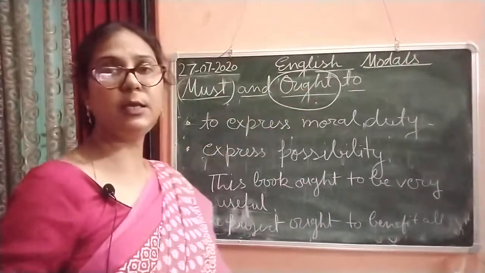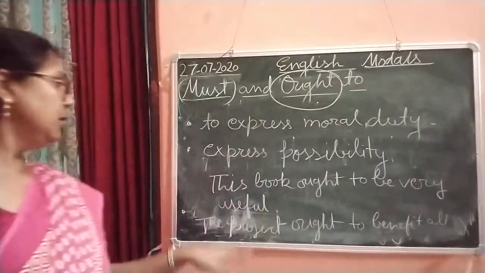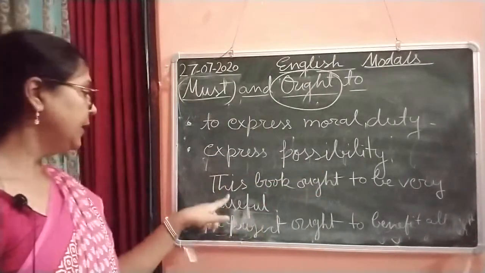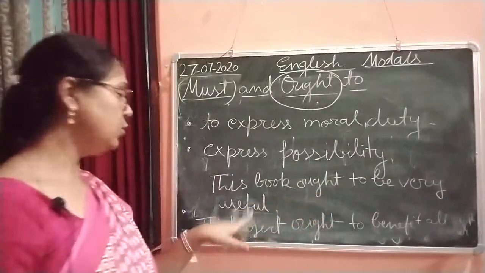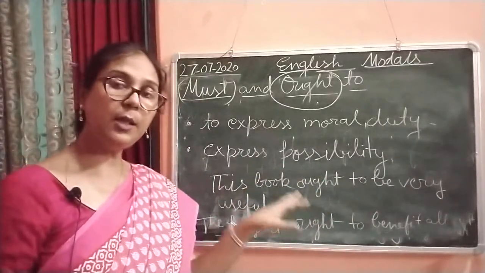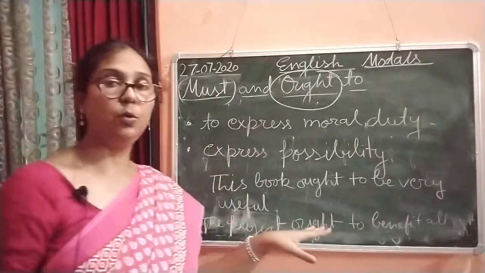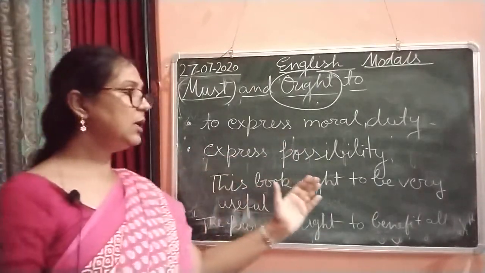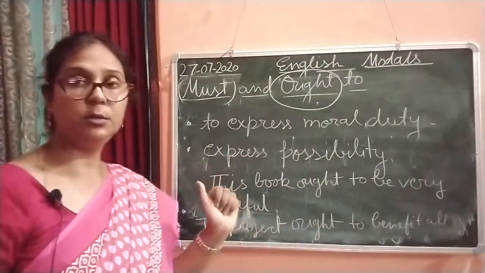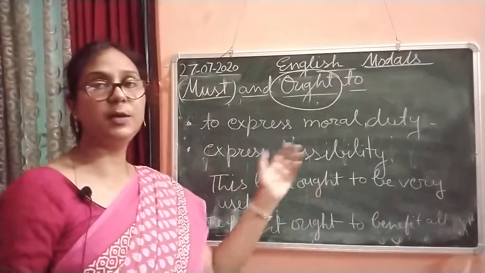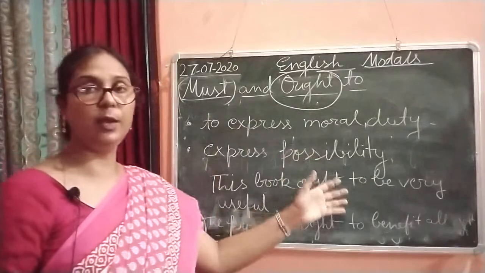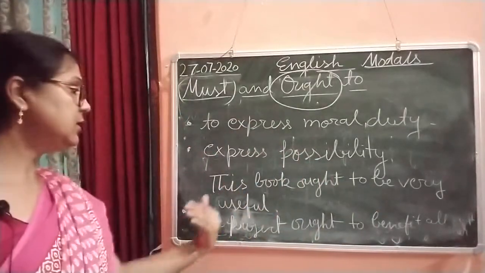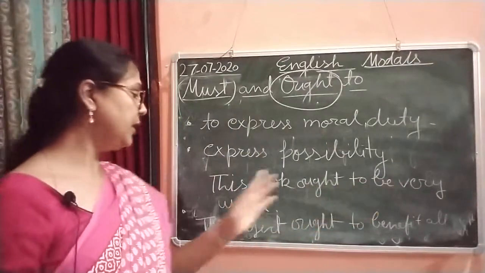Here you can see two examples. This is showing possibility. We are showing the possibility that if you buy this book, it will help you. So that is why we are using ought here, because it is expressing possibility. If you get it, it will be very helpful for you.